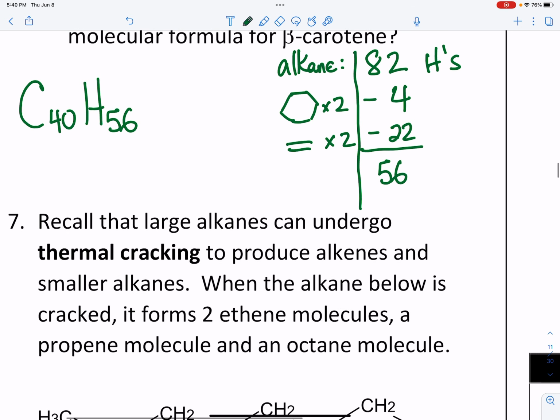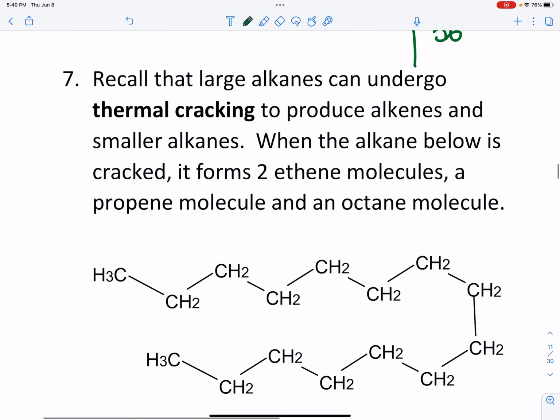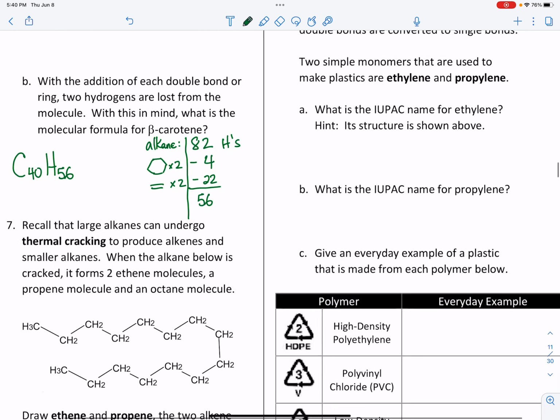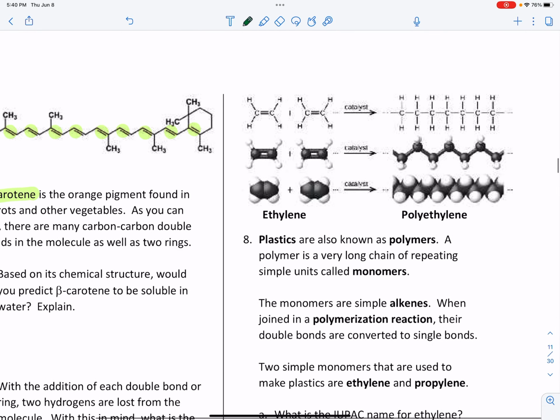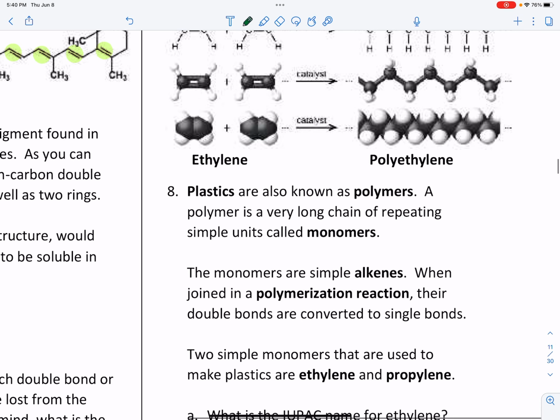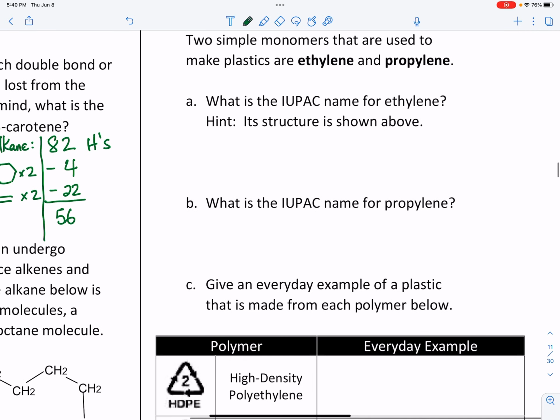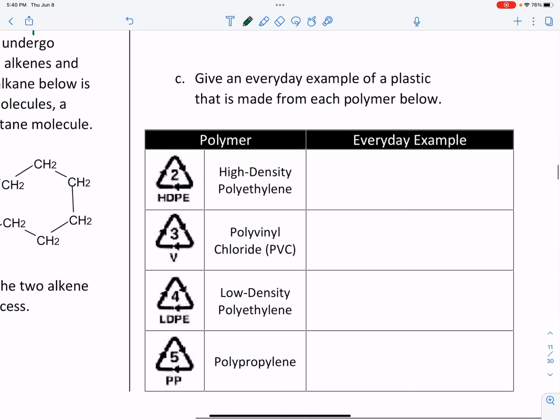Question 7 talks about the cracking and the refining of oil. I'll leave you to do that. Question 8 talks about plastics and polymers. I'll leave you to read that. This is stuff you're going to be tested on, so be sure you read it and understand it, maybe even take some notes.